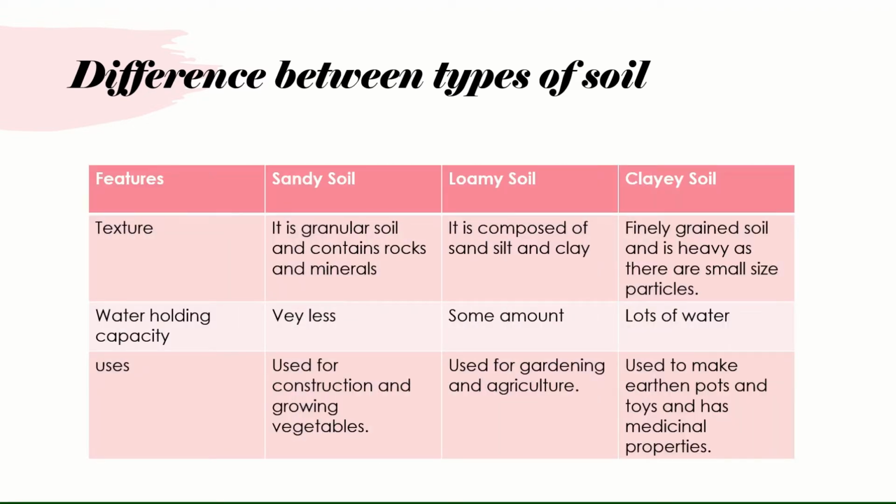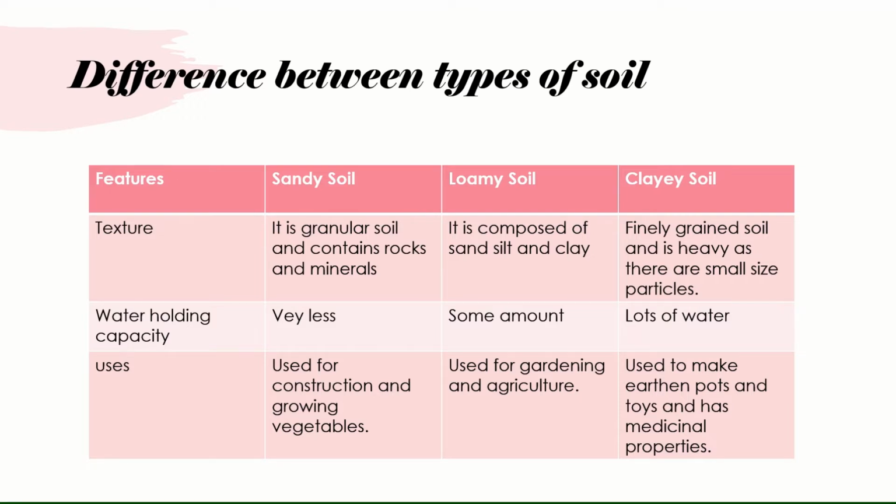Okay, so first, texture of sandy soil. Sandy soil is granular soil and contains rocks and minerals, right? In the formation of soil we have learned about the sand. When you go into the desert, you find the sand particles in more amount.